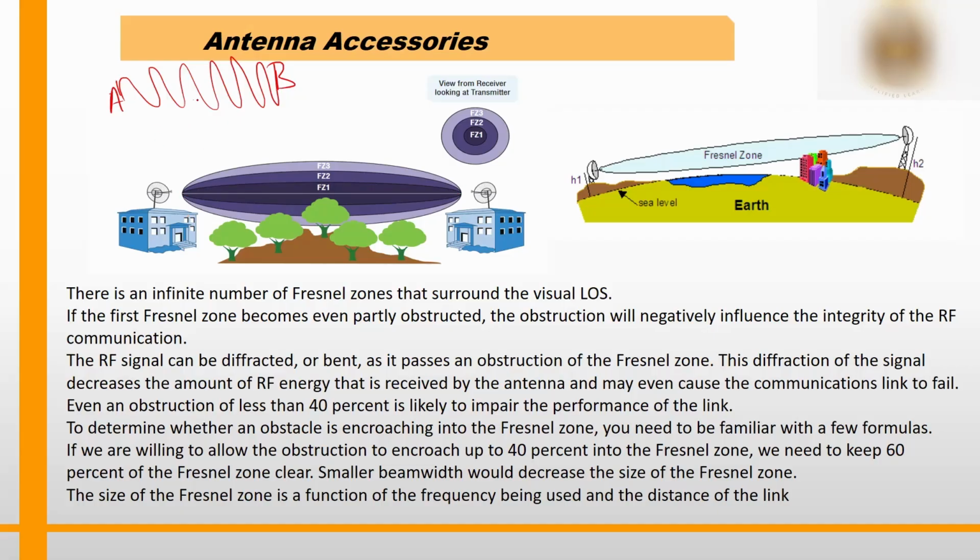Suppose there is any tree that is coming in between, okay, and also some buildings are coming in between, and some portion of your signal is lost here, right? So at that time, the structural integrity of the radiation that you have sent is a little bit compromised there.